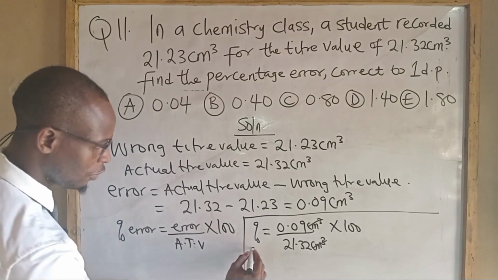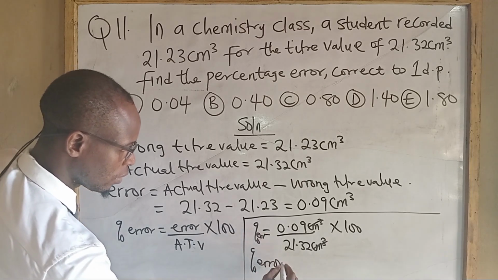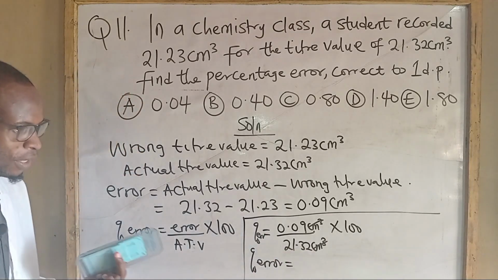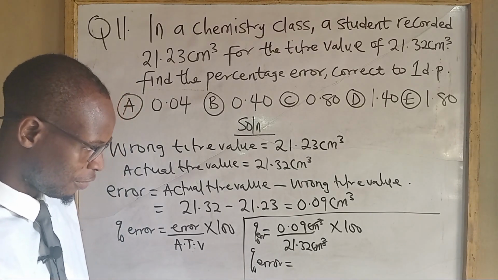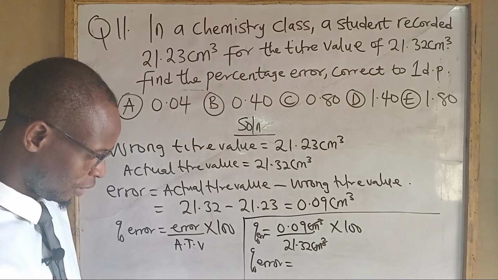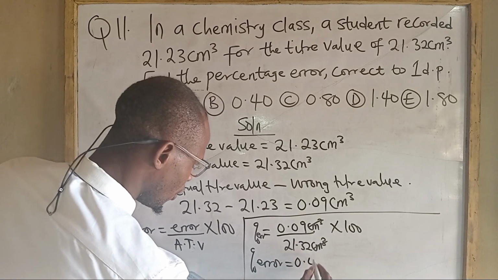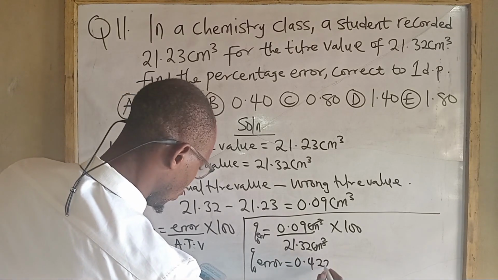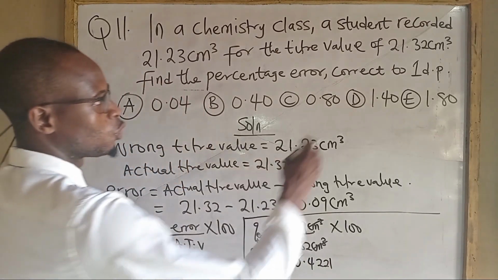So of course you have your percentage error now to be equals to, let's multiply that. So we have times 100 divided by 21.32. So we have 0.4221. But we are asked to approximate this to correct to what? To 1 decimal place.